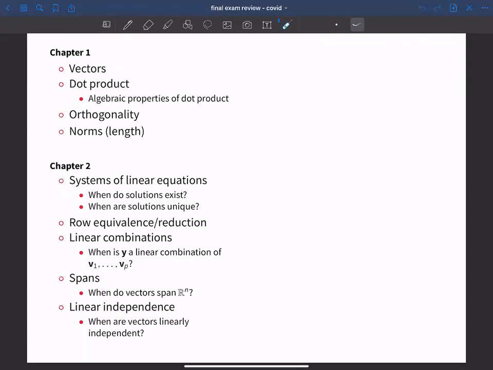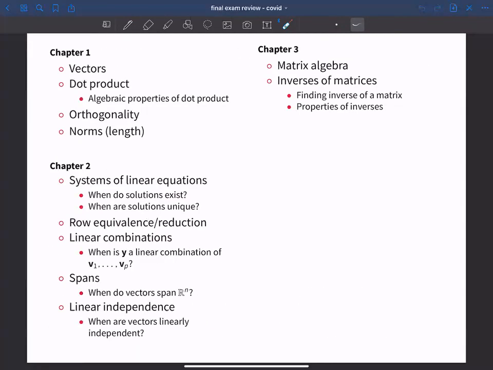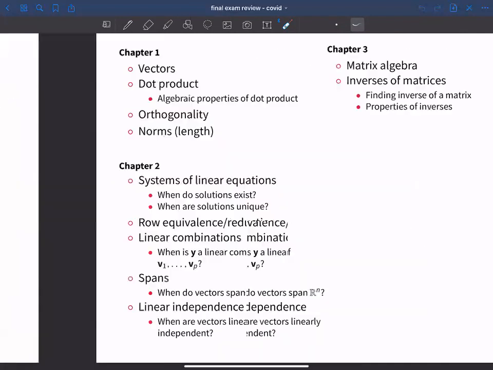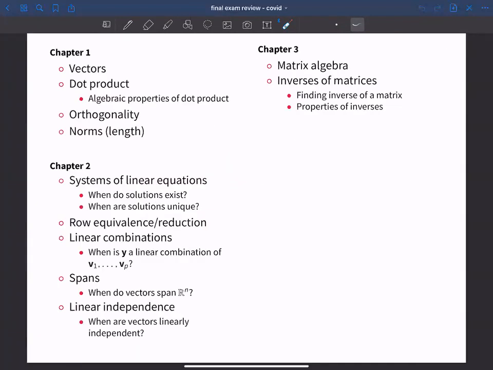All right, moving along to chapter 3, we saw some matrix algebra. We learned about inverses of matrices, how to find the inverse of a matrix, and various properties of matrix inverses.